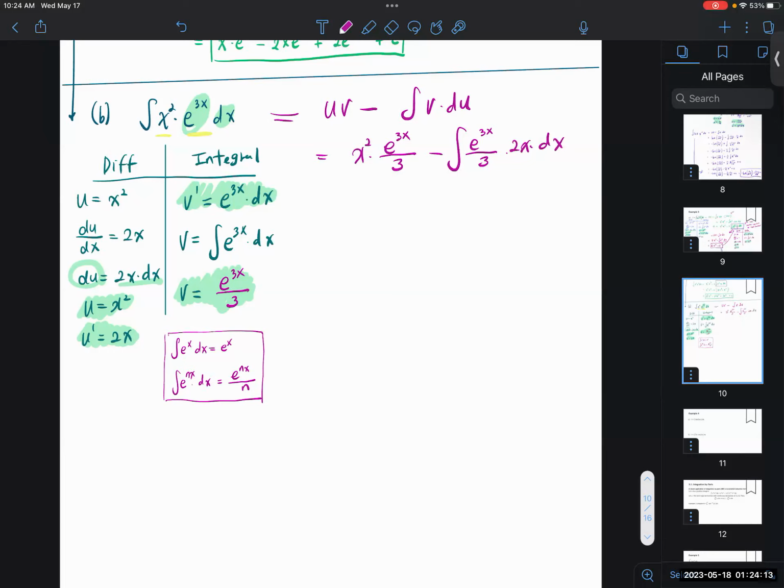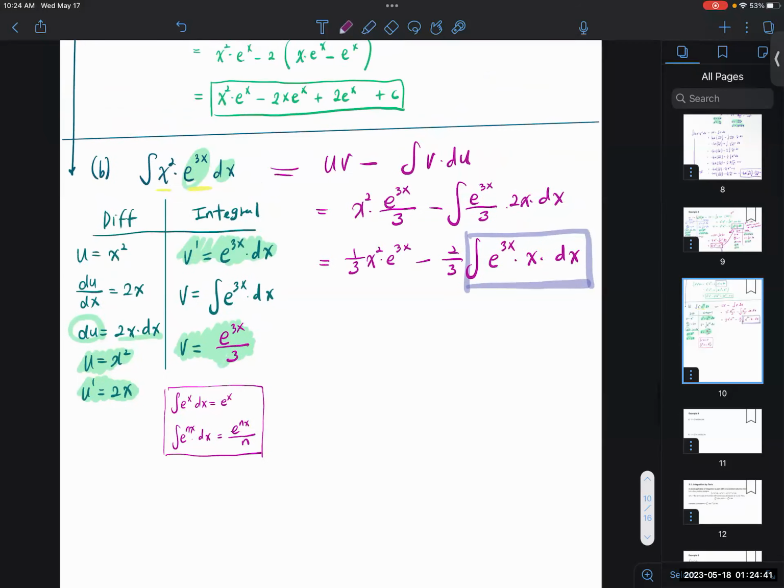So I'm going to simplify. This is going to be 1 over 3 x squared e to the 3x. I'm going to bring 1 over, actually 2 over 3. That's better. 2 and 3 is a constant. So minus 2 over 3 integral e to the 3x times x dx. One more time, second IBP. This is second IBP.